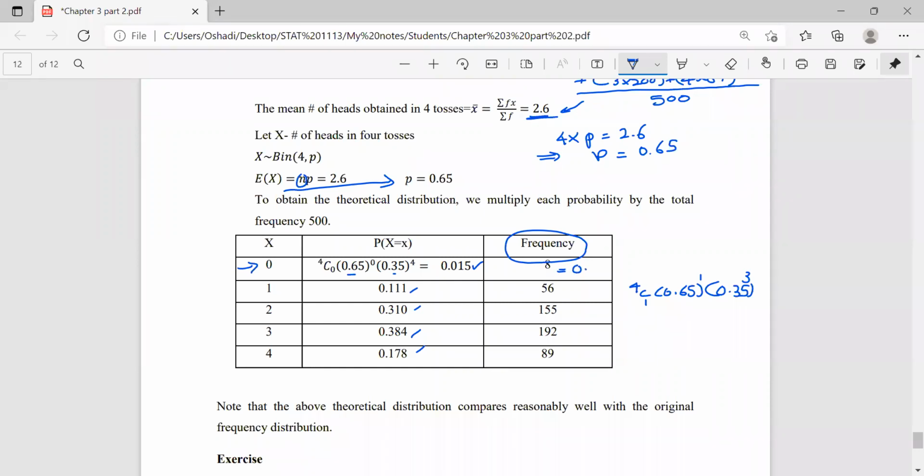Here it is 0.015 multiplied by 500. So actually the value is 7.5.